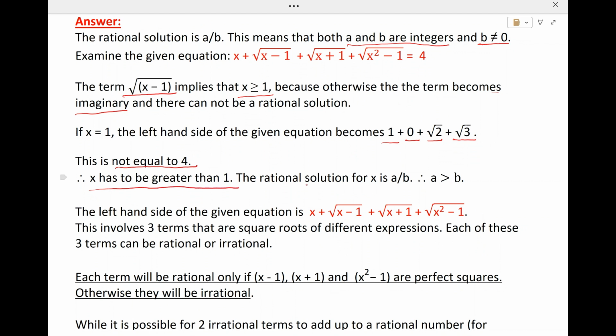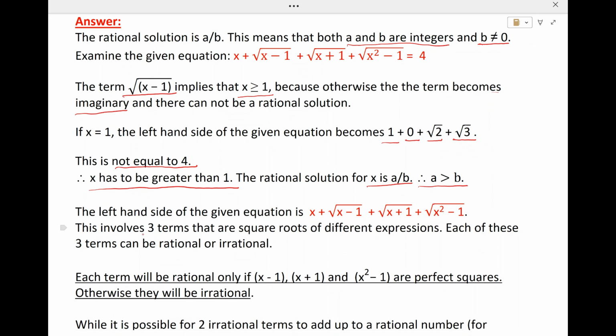The rational solution for x is a by b. And because x has to be greater than 1, it implies that a has to be greater than b. The left-hand side of the given equation is x plus square root of x minus 1 plus square root of x plus 1 plus square root of x square minus 1.